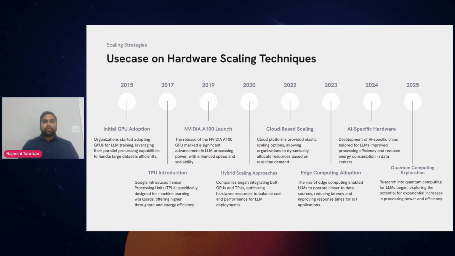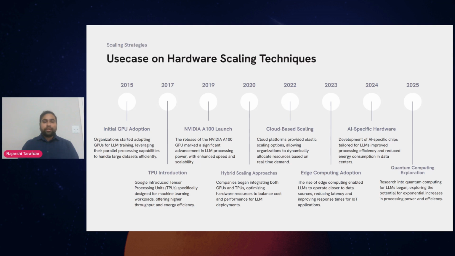I have just mentioned a few use cases on the hardware scaling techniques. So initial GPU adoption for LLM training was done in 2015. It's the early adoption, and they basically leveraged the parallel processing capabilities where they are dealing with large datasets. And we just go through the evolution of how these improvements happened year by year.